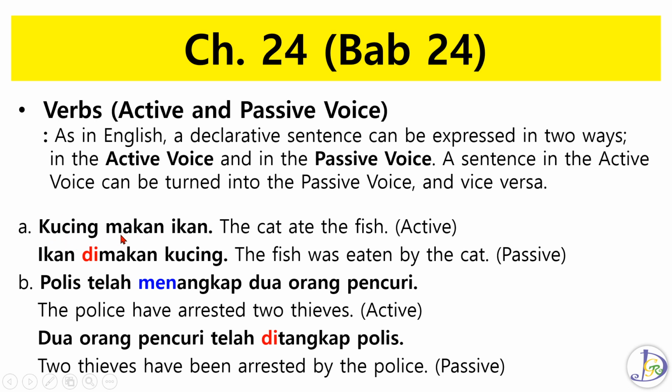The cat eats the fish is an active sentence because kucing is the subject, verb, ikan, the fish, is object. And to turn into the passive voice, ikan dimakan kucing. The fish was eaten by the cat. Ikan as an object, verb, and the cat is subject.